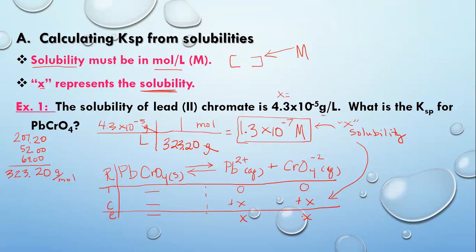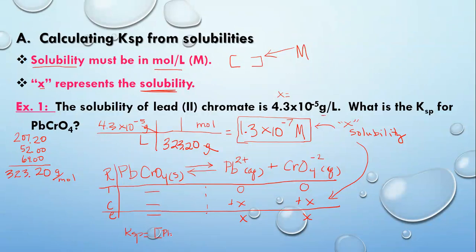So X is going to be 0 plus X. X is going to be the concentration of the lead 2 ion. X is going to be the concentration of the chromate ion. So let's write our Ksp. We're going to write it completely out. Don't take any shortcuts here because this is where you end up getting into a lot of trouble, because you overlook things.